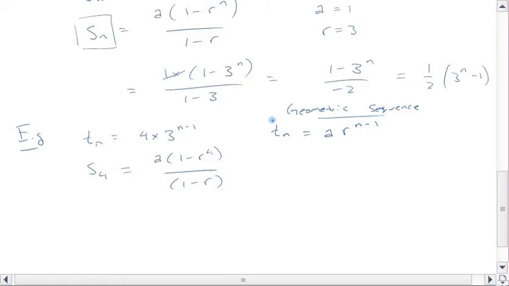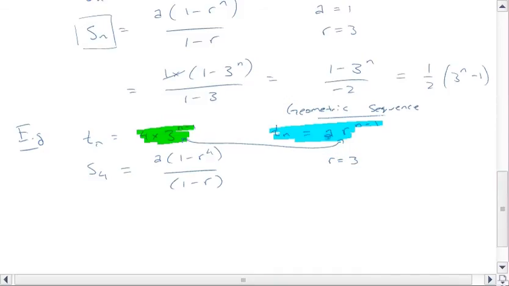So let's compare this equation here with this equation here. What number is raised to the power of n minus 1? Well, that's 3. So r must be equal to 3.